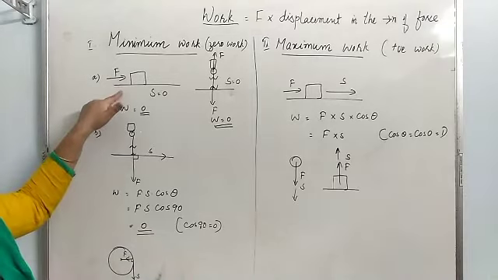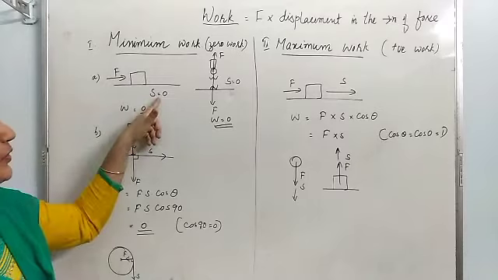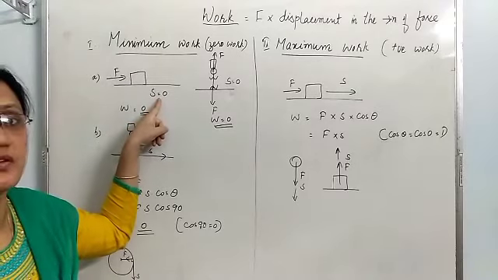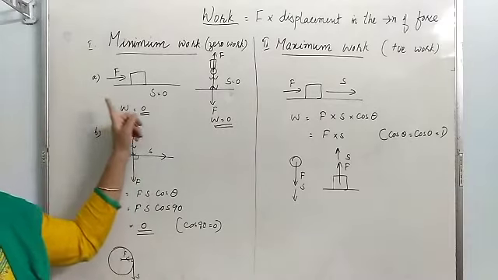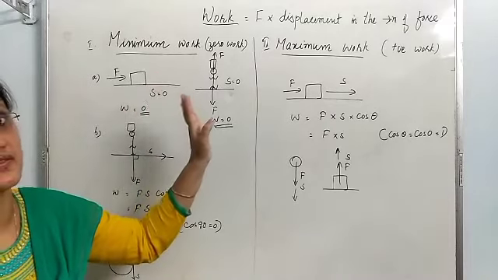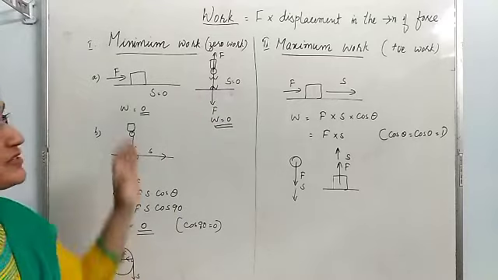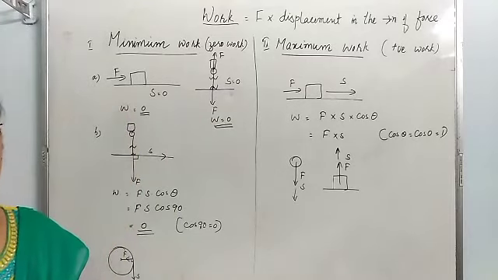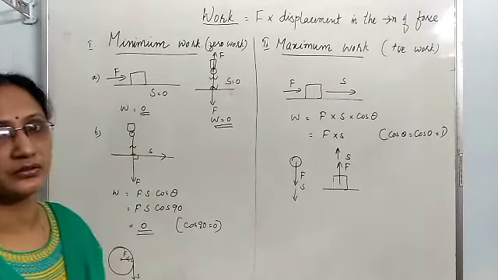See the first case: a man is giving a force on this body and the body doesn't move, which means there is no displacement. S is zero, so F into S is zero, so zero work is done. That zero work is known as minimum work. For example, a man is pushing a wall.